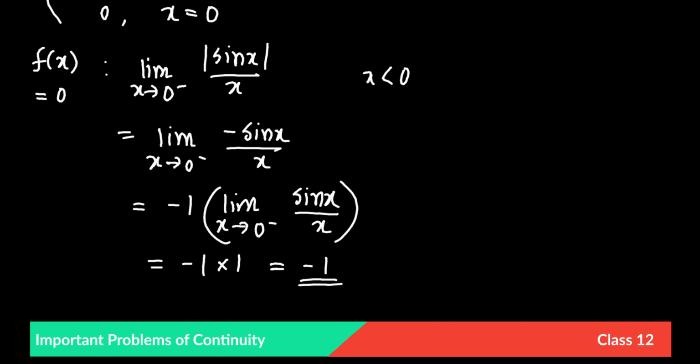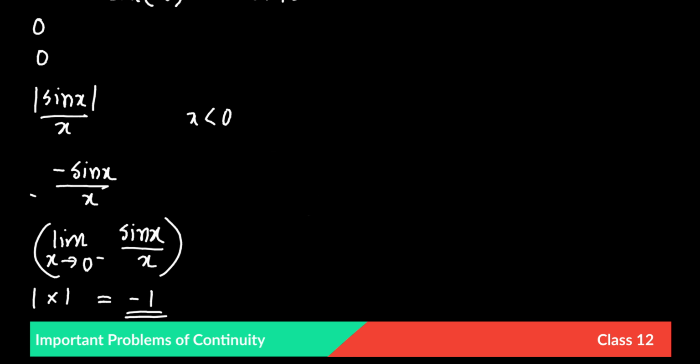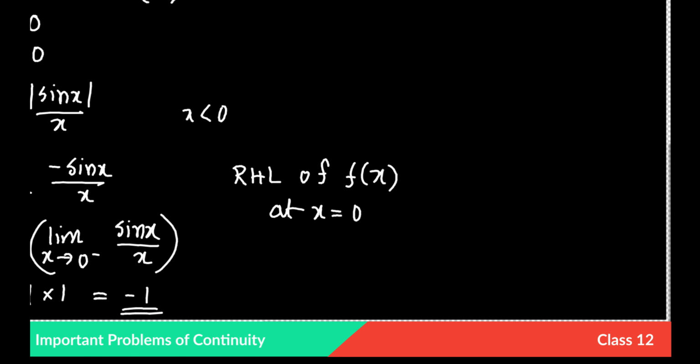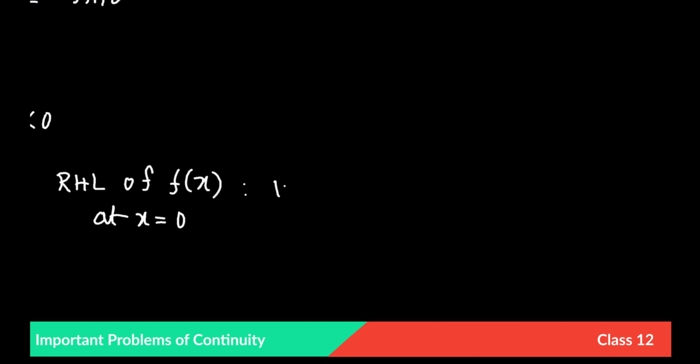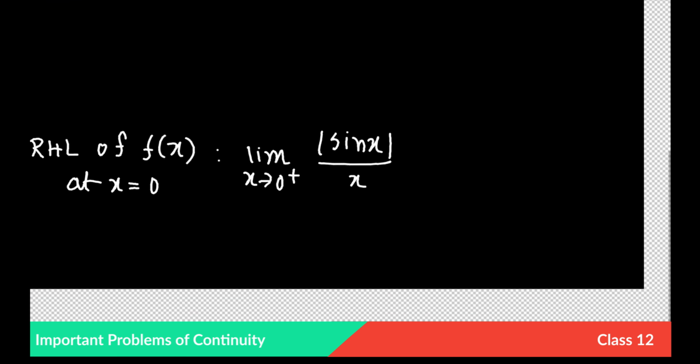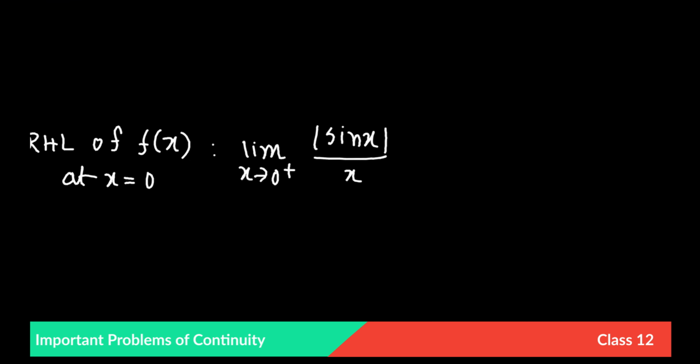Now we come to the RHL. The RHL of f(x) at x equals 0 is the limit as x tends to 0 plus of mod sin x by x. Limit x tends to 0 plus means x is greater than 0.